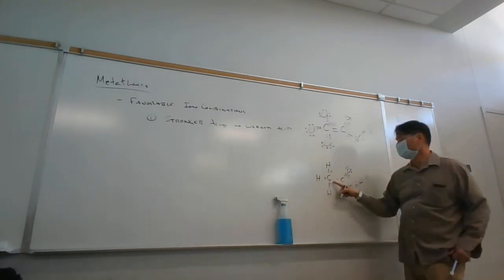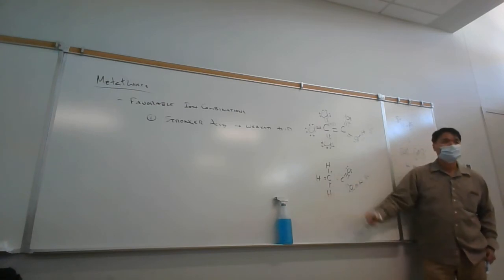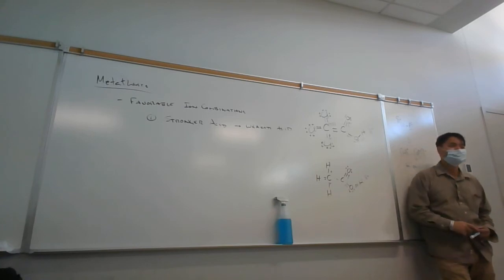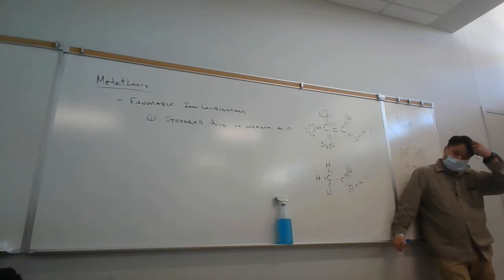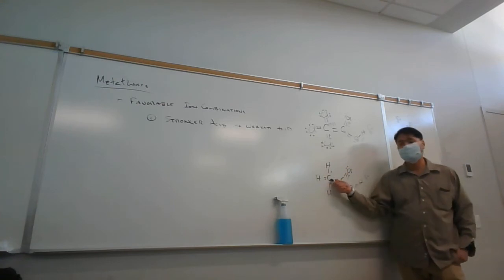Okay, let's look at this carbon here. What's the oxidation state of this carbon? It's not 0. Isn't all the electrons from hydrogen going to carbon? Yes. So carbon versus hydrogen, carbon wins. That's 2, 4, 6.